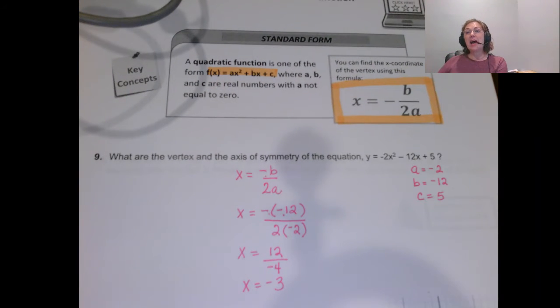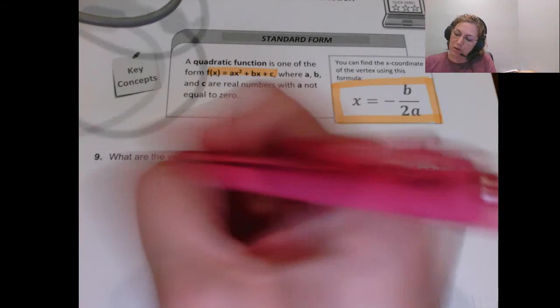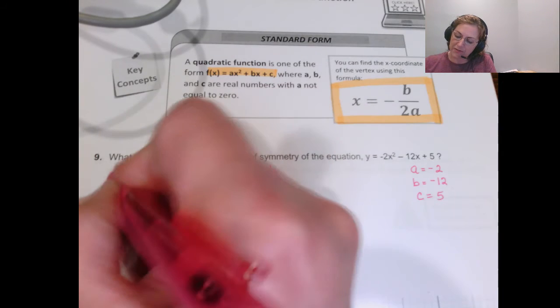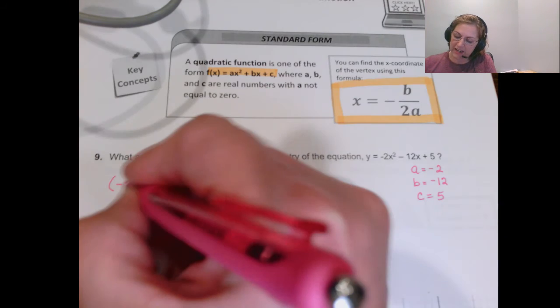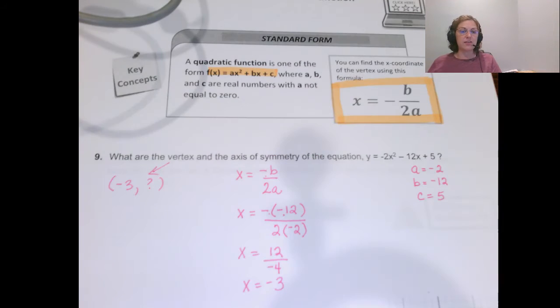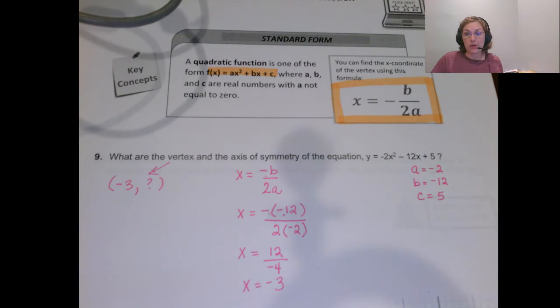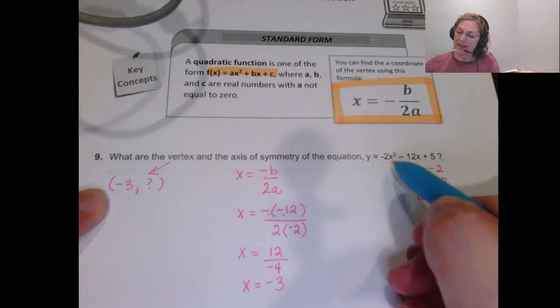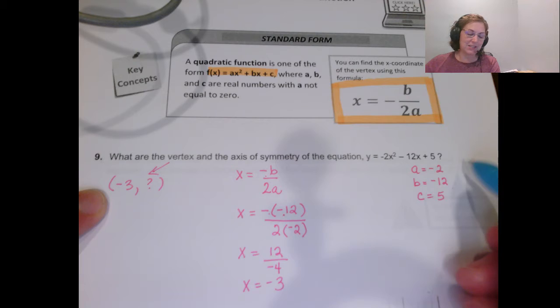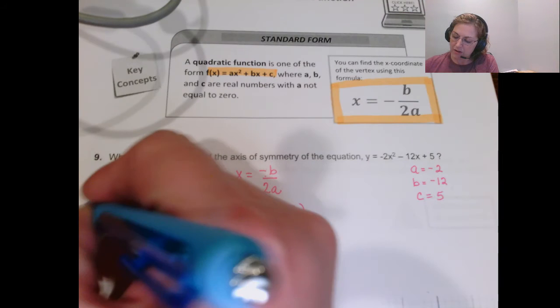All right, now we've got the axis of symmetry, but we've also got the first half of the vertex. So we know now that the vertex is -3 and some y value. What we don't know is what that y value is. So once we know the axis of symmetry, we take our x value and we plug it back into the original function.